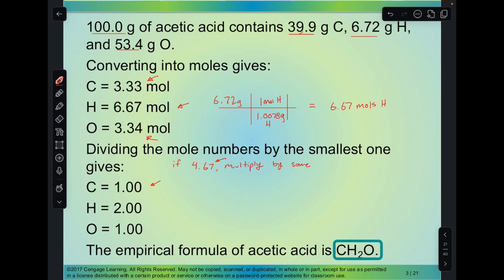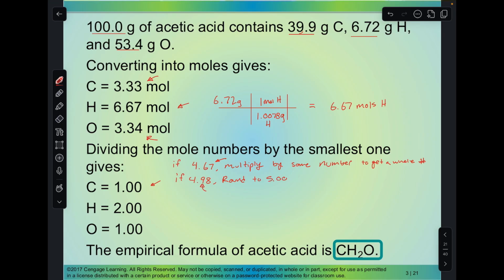So multiply by some number to get a whole number. Whereas if you have something like 4.98, then you would round to 5.0.